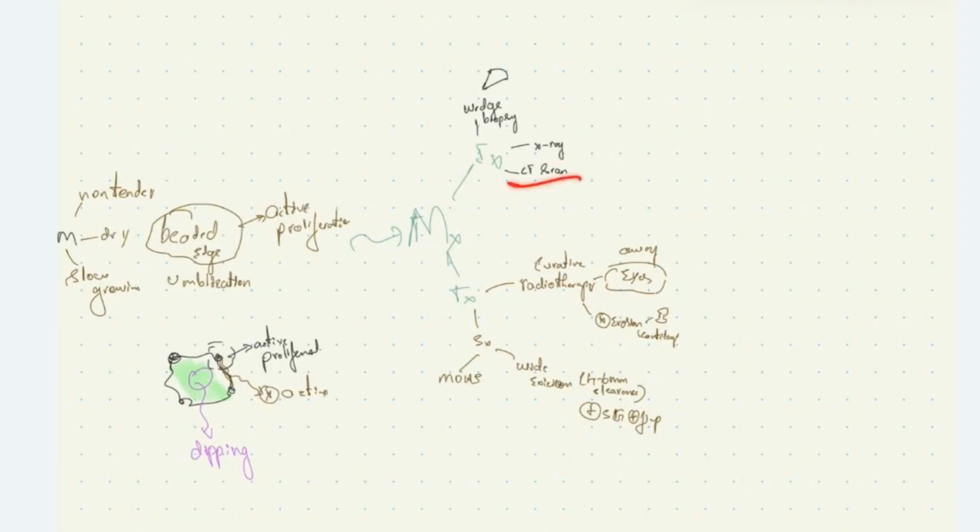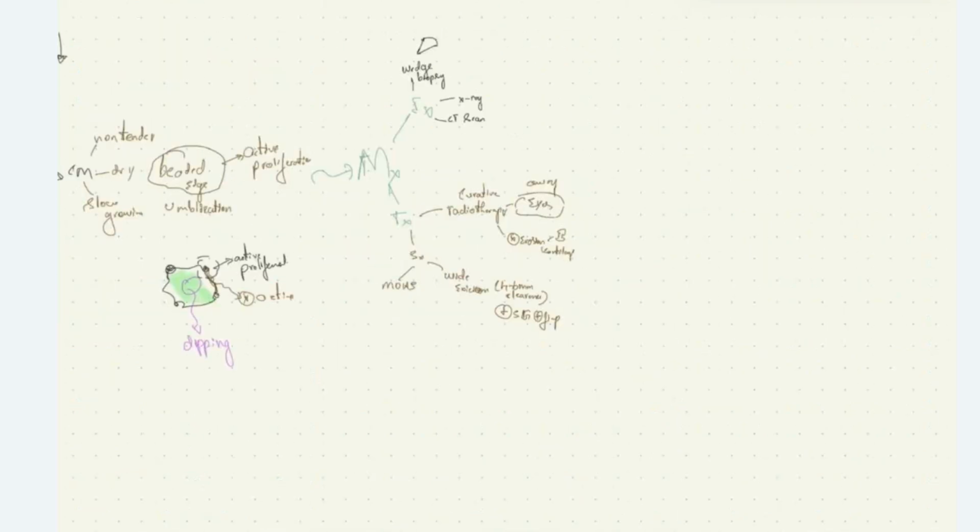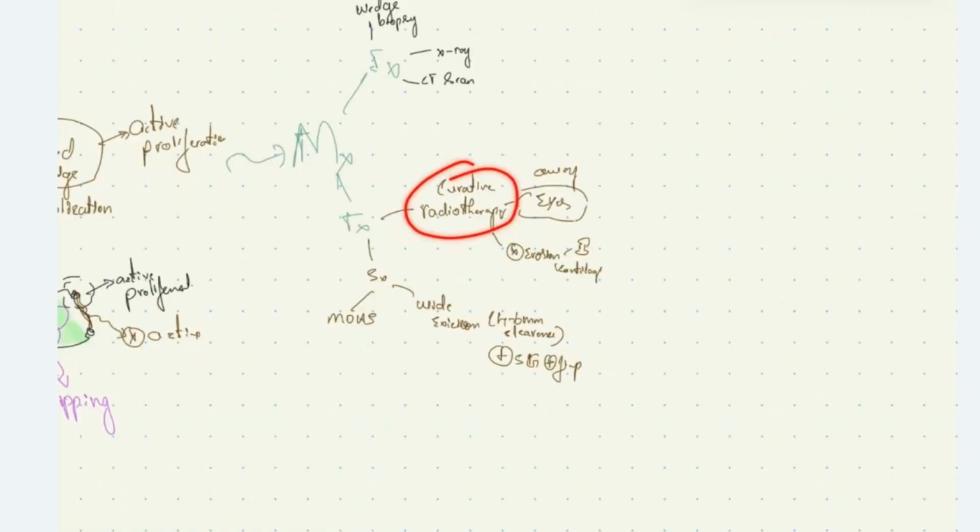Now, what is the treatment of basal cell carcinoma? The treatment of basal cell carcinoma is curative radiotherapy, because basal cell carcinoma is very radiosensitive.